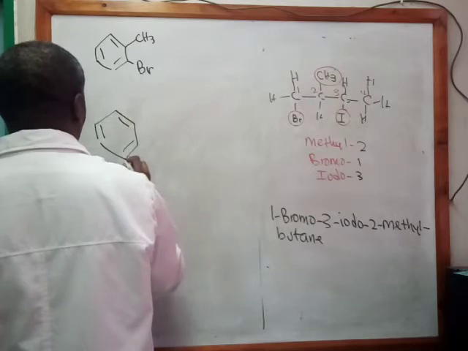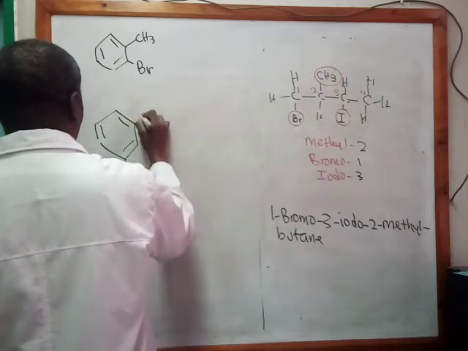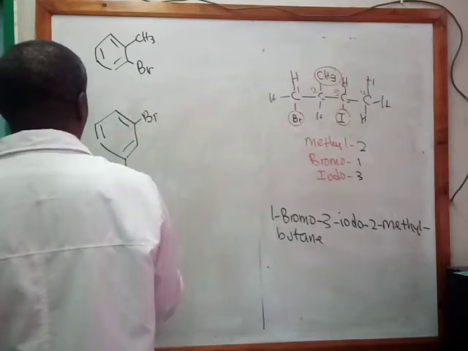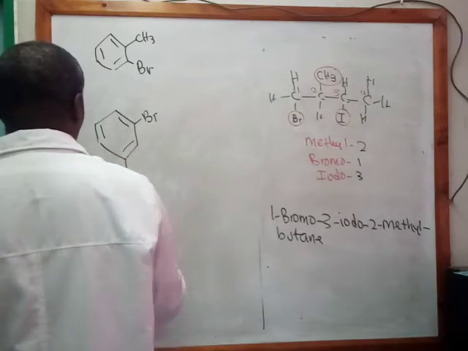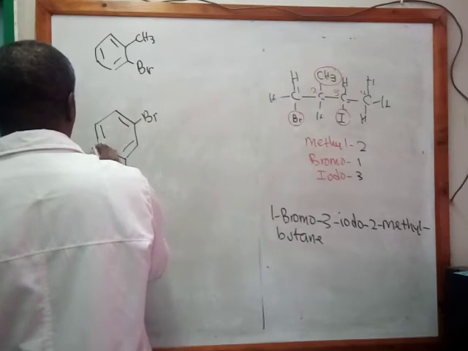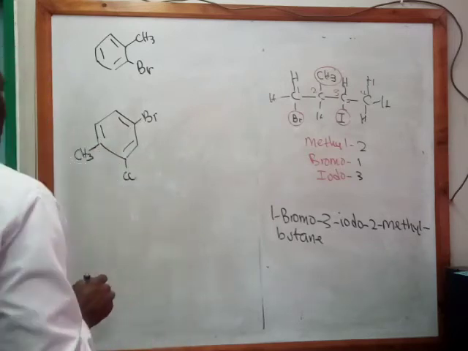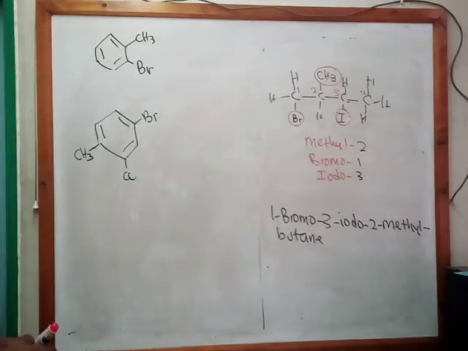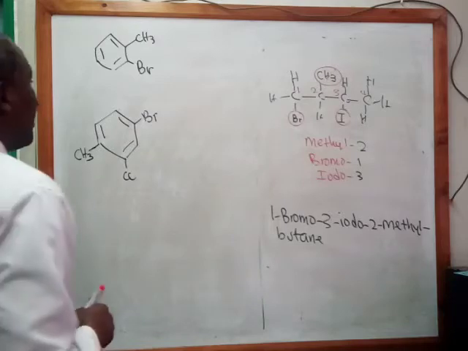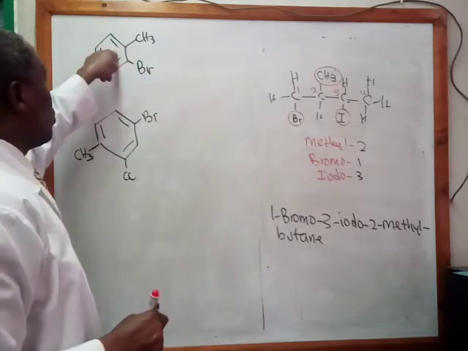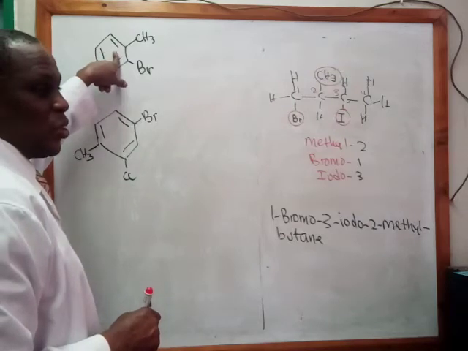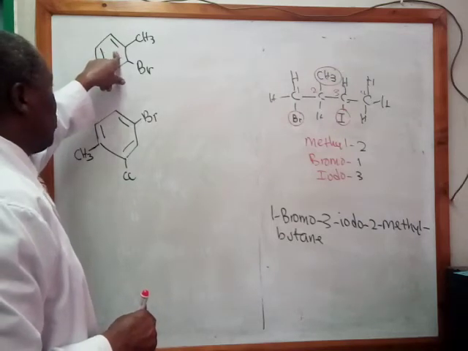So I can have a Cl, I can have a Br, and then probably I'm going to have a CH3 here. The main functional group is benzene, so the name is going to contain benzene.